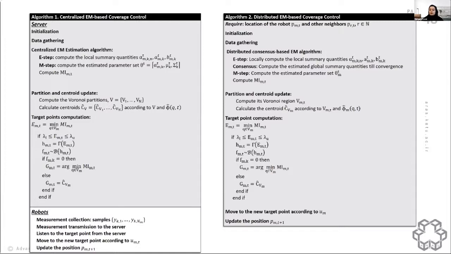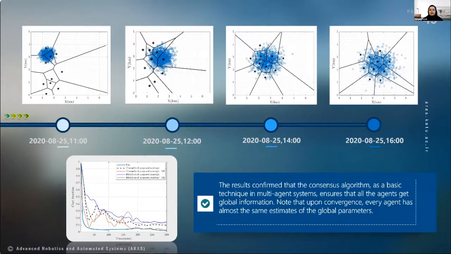In this slide, you can see the results. First, we consider a scenario in the GNOME software and use the particle elements as samples for the agents.